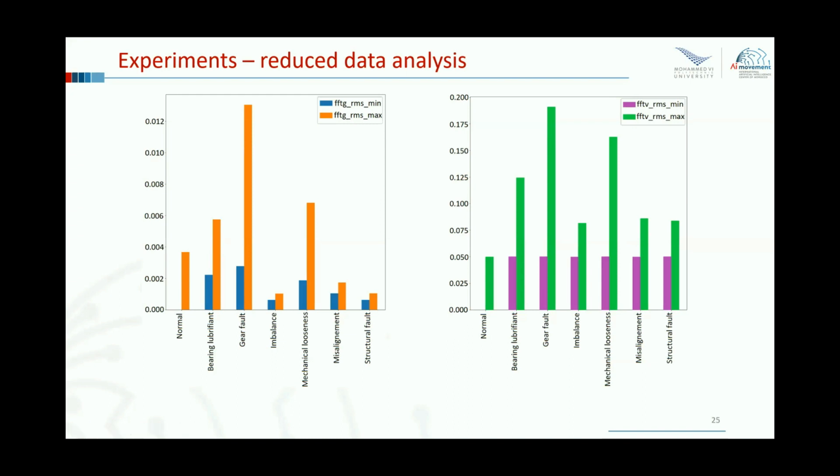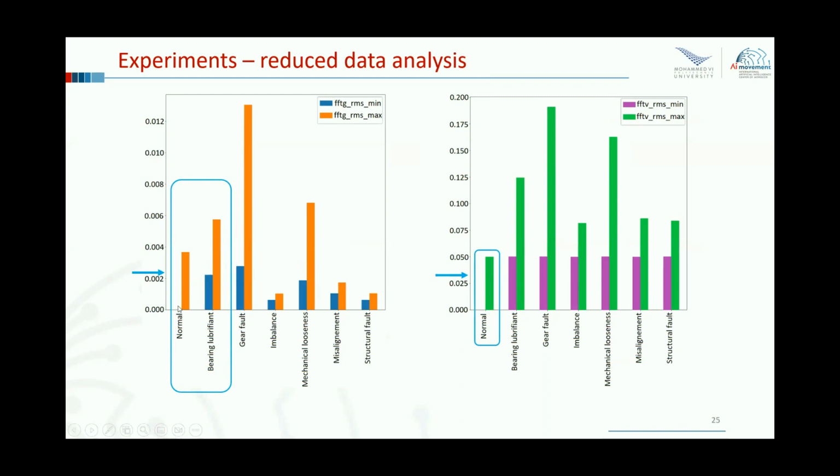To give an example, if we take 2 values here for the acceleration spectrum and for the velocity spectrum, they belong to these two intervals or machine states.